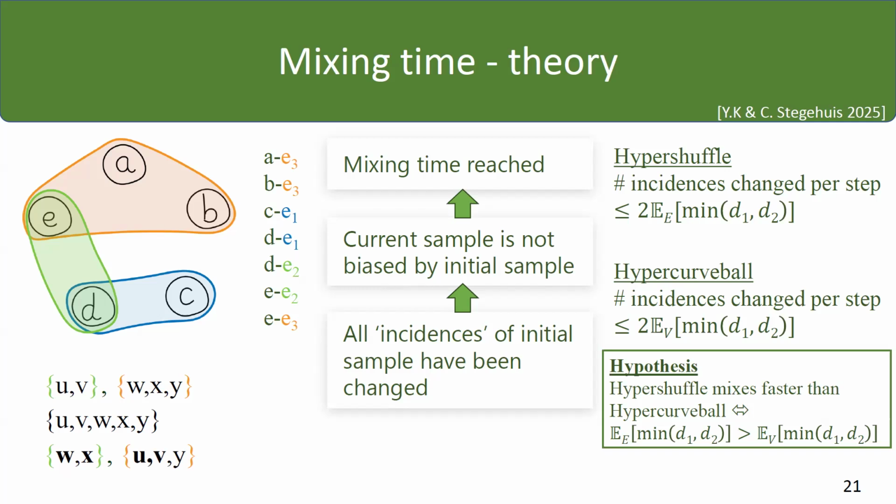Maybe connected to this, before I go to the next question: now that you were explaining this, I was thinking, you use the expected value, but is the distribution of this minimum of d1, d2 Gaussian? The distribution depends on the degrees that you picked in the beginning. So it could be Gaussian, but it could be any distribution. This is a very general result that we have.